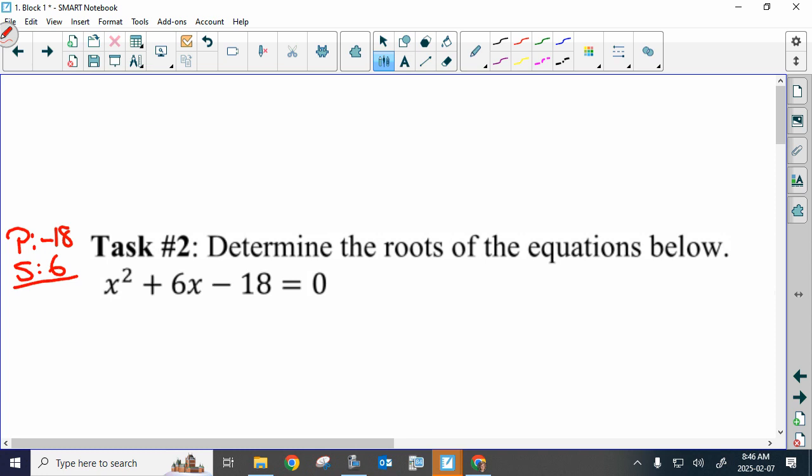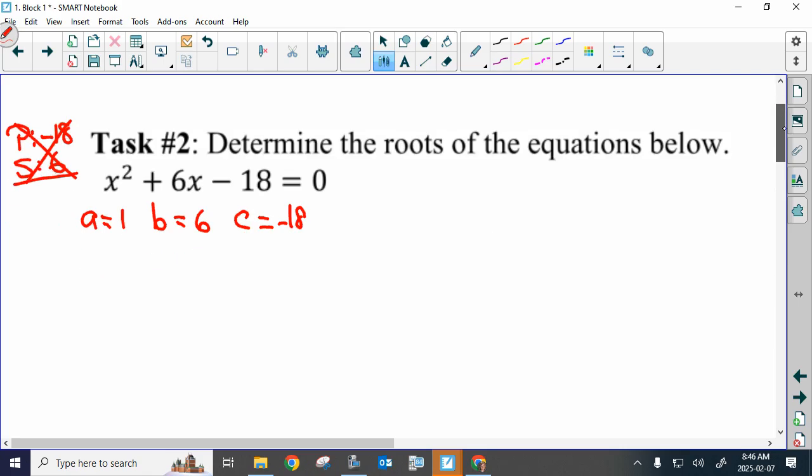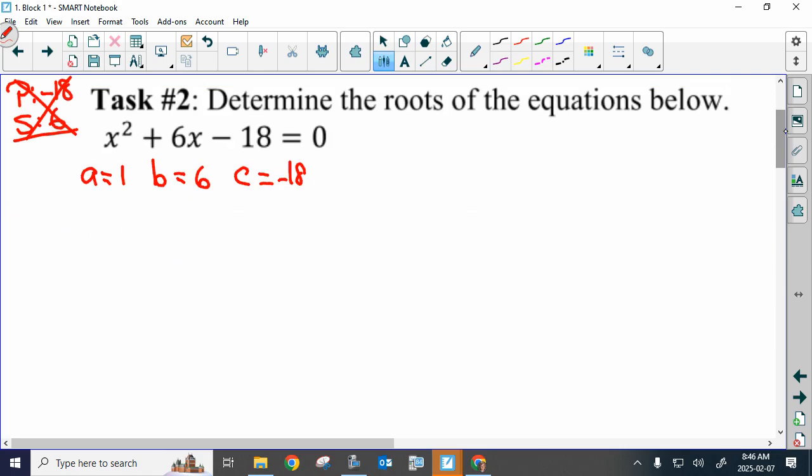I think about 18 and 1. None of these are going to give me a sum of 6. So as soon as I've double checked to see if it was factorable, and it's not, I'm going to get rid of that. So my A value is 1, my B value is 6, and my C value is -18. And I know those of you who had math first semester last year, you're going to need this review.